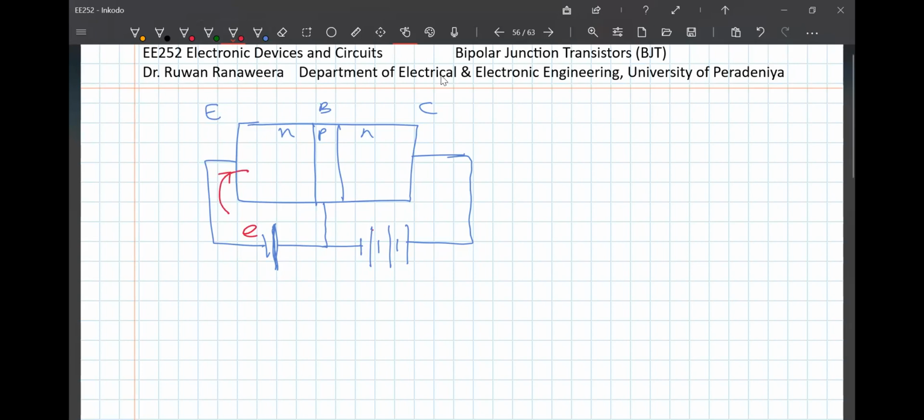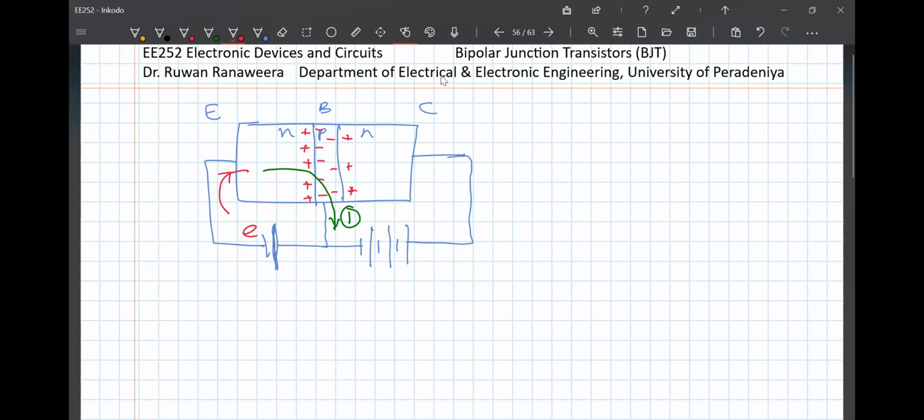They can end up in three different fates. One is it can simply get out of the base just like it did earlier. So this is the first thing. Number two: remember, initially we had this depletion layer. But when you apply this, it changes.